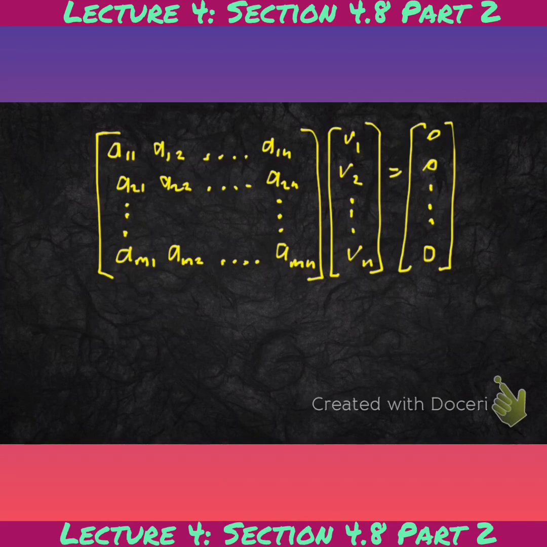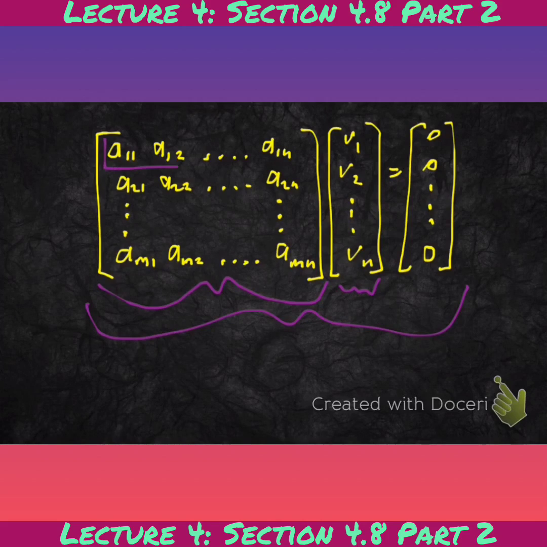So if we take an m by n matrix A, and we look at the null space of that matrix, when is something in the null space of a matrix? We say this vector is in the null space of that matrix if this whole matrix equation holds. And when does that hold?